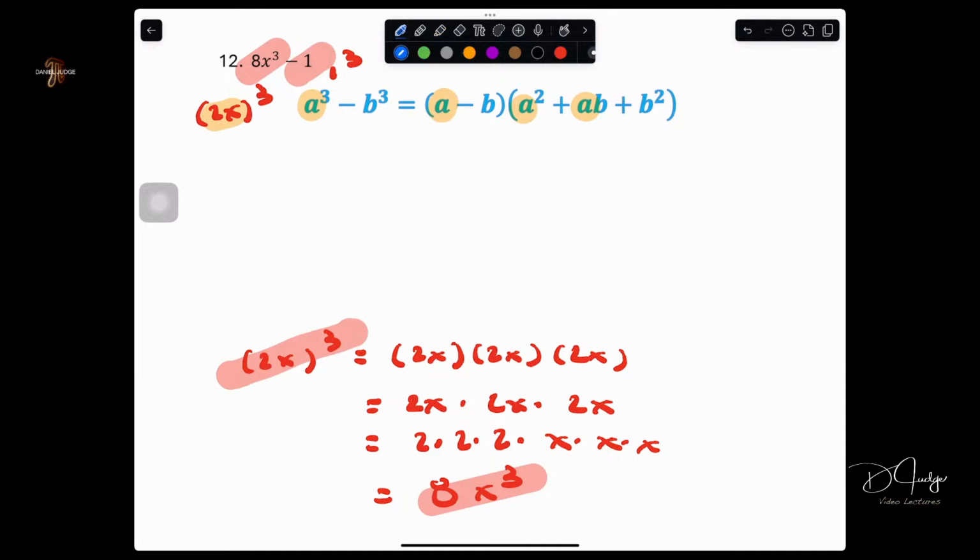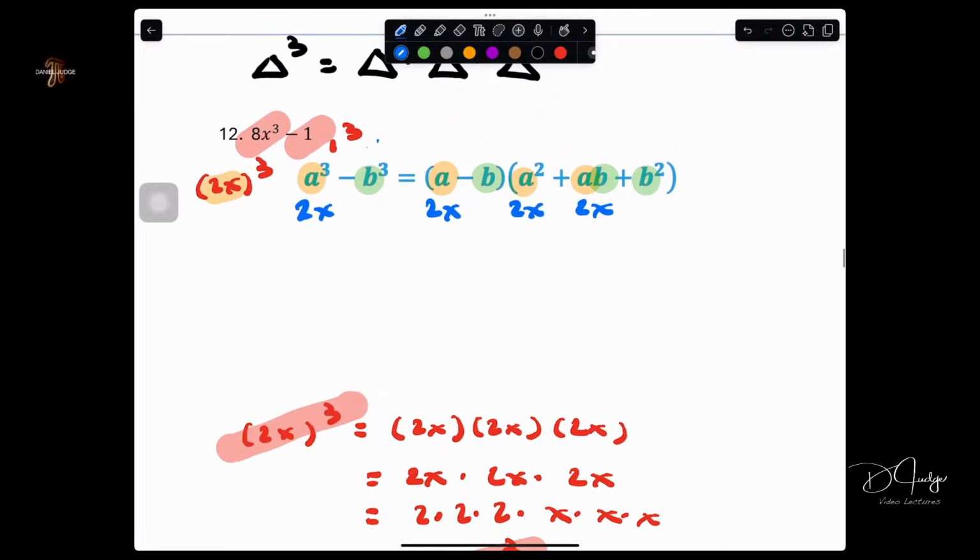So wherever there's an A, replace it with a 2x. And then wherever there's a B value, replace it with the number 1. So this is a 1, a 1, a 1, and a 1.